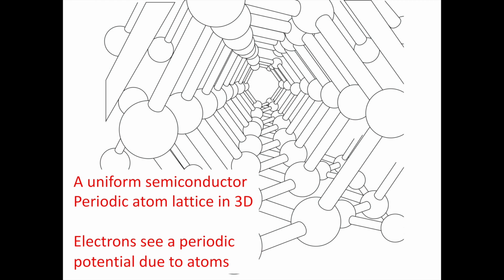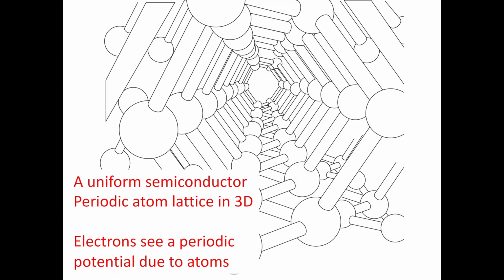Starting with perfect semiconductors, a perfect semiconductor is a perfect crystal of atoms. So you have a periodic arrangement of atoms to infinity, over millions of rows of atoms. And electrons that are present in the system will see a periodic potential.